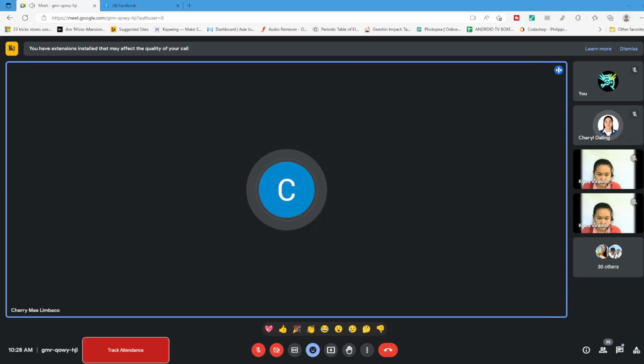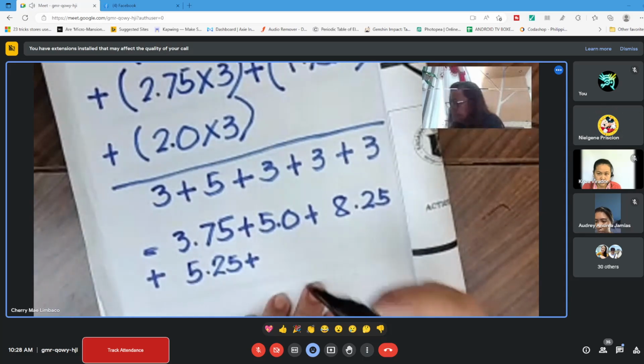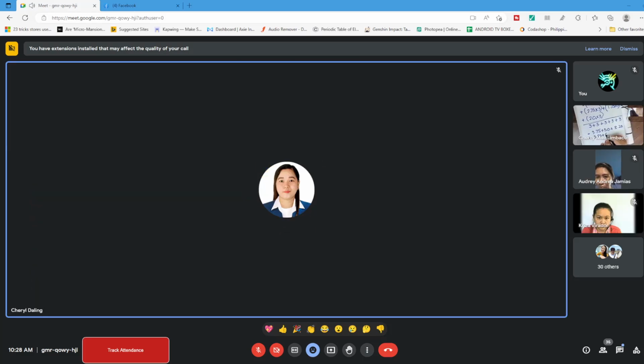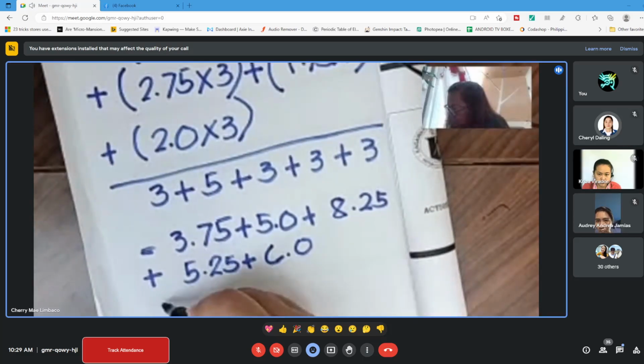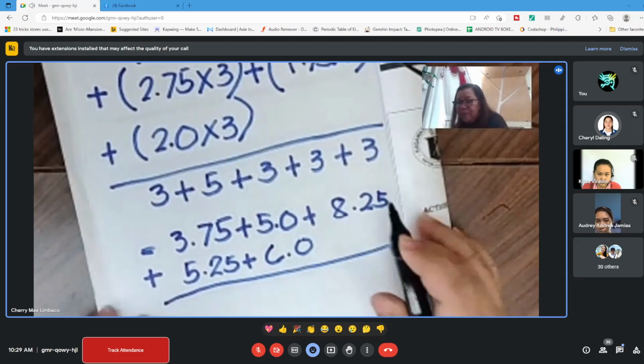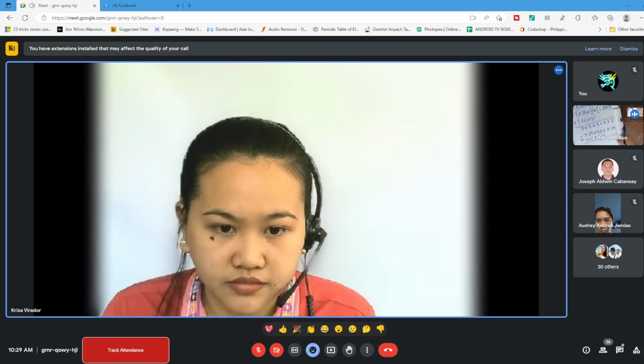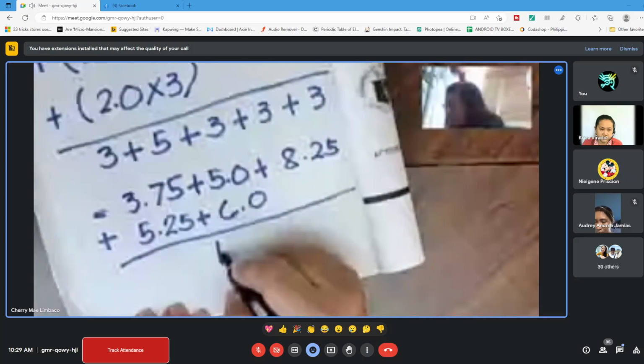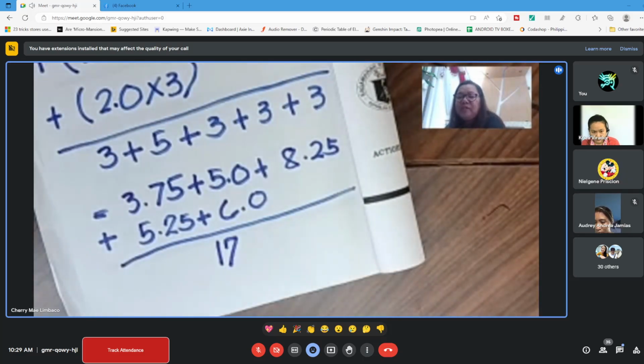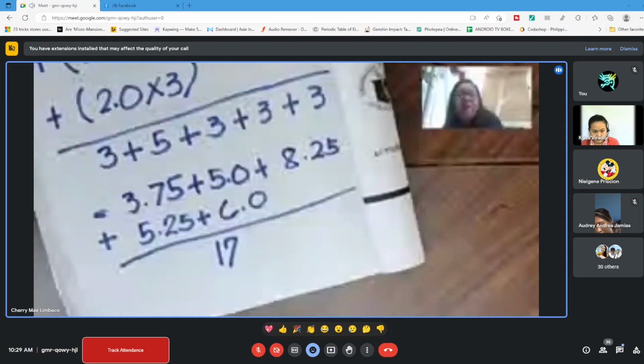Plus 2.0 times 3: 6.0. All over, what is my total weight? 17. Any questions so far before we proceed?